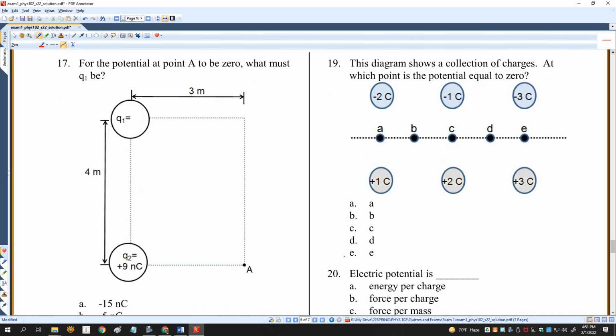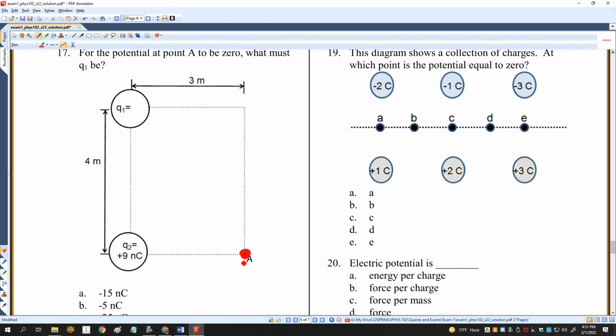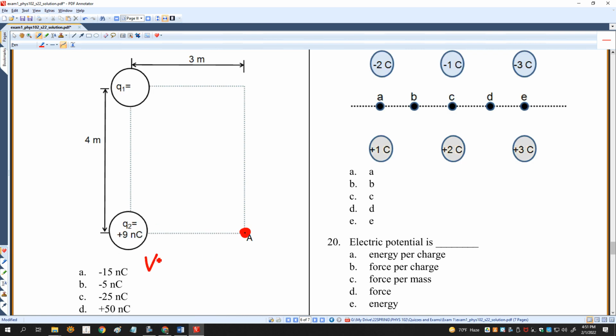Find that for the potential here to be 0, what must Q1 be? Well, I can calculate it here. V2 is equal to 9 times 10 to the 9th times 9 times 10 to the minus 9 divided by the distance, which is 3. So this is 27 volts.